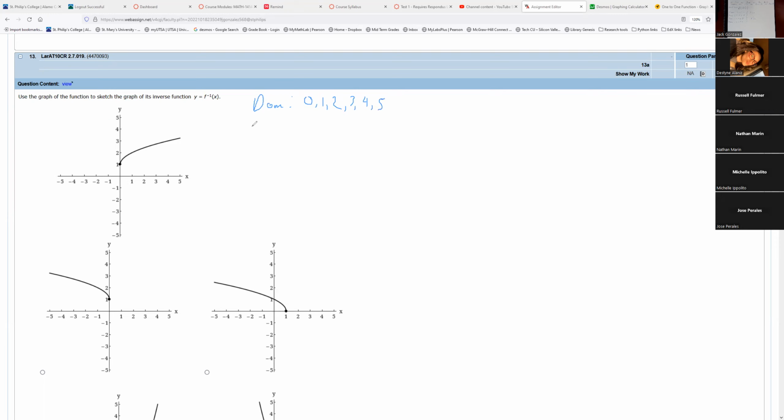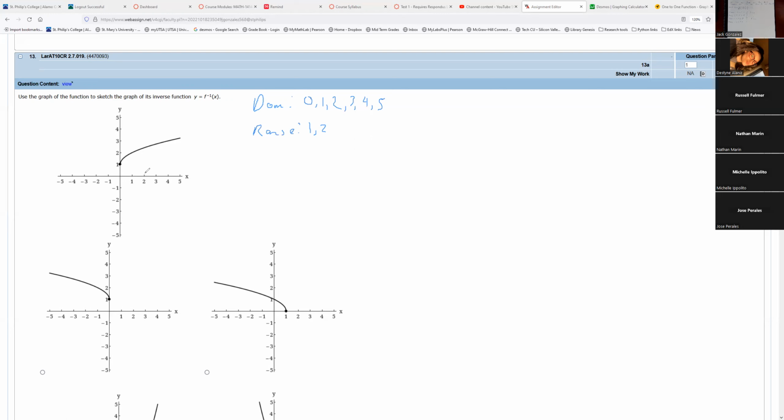Range: well, 0 goes to 1, 1 goes to 2, it looks like. 2 starts to get kind of weird there.